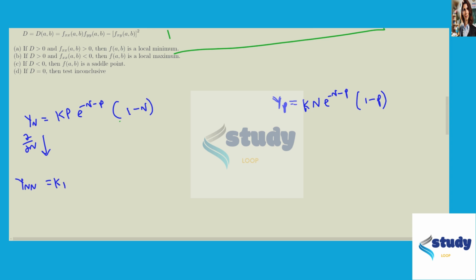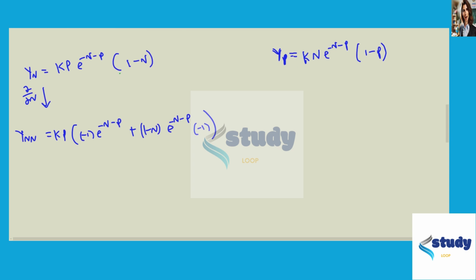K and p are just constants, so it would be Kp times, well, the derivative of this, actually I'll do the derivative of this first, so that's just going to be -1, so it would be -1 e to the negative n minus p, and then plus the derivative of that. I was getting a little ahead of myself. So it'd be 1 minus n, and then e to the negative n minus p, and then the derivative of this is going to be -1.